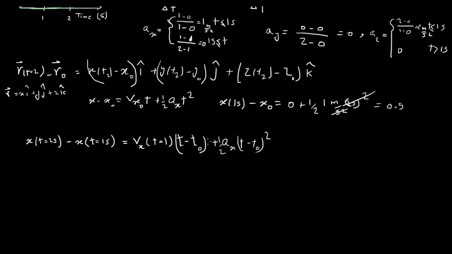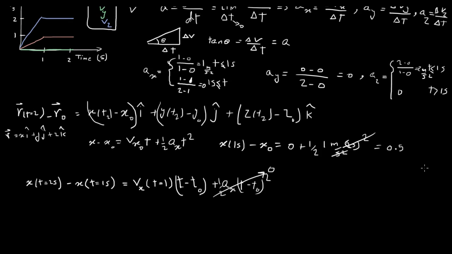So ax is 0, this term is totally 0, and vx at time t equal 1 is 1. So it is 1, then t is 2 seconds minus 1 seconds, so therefore it's times 1. The unit is meters, so it is 1 meters.